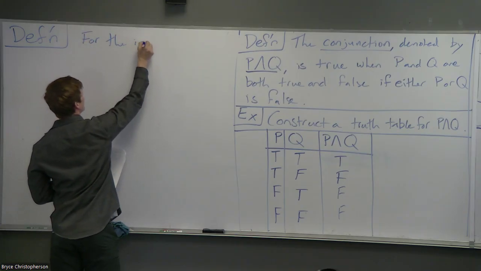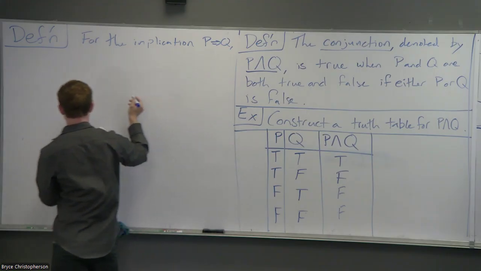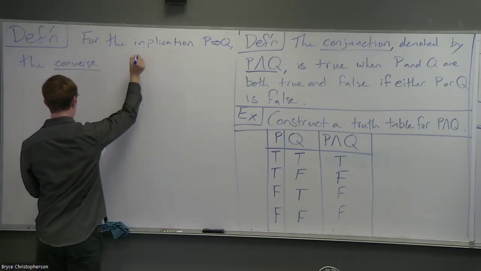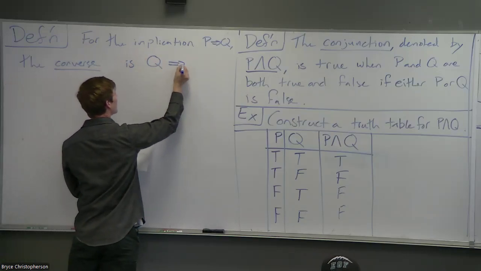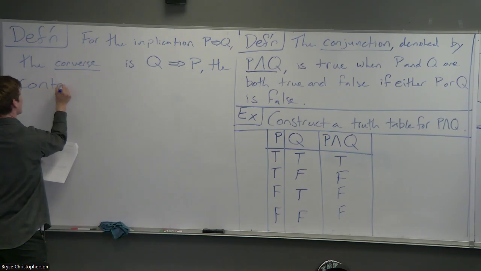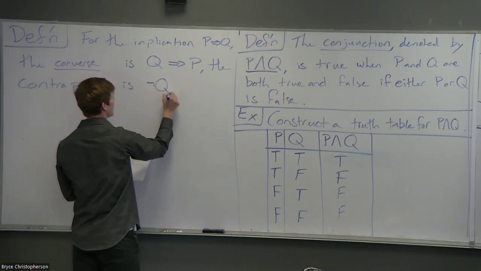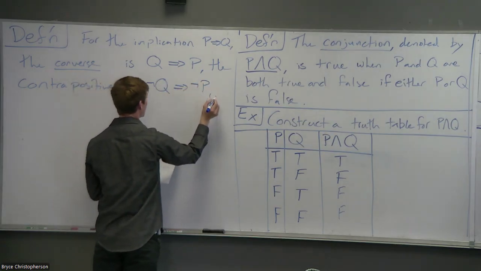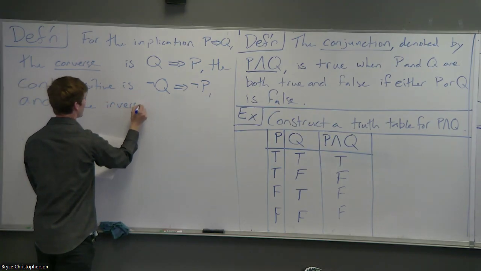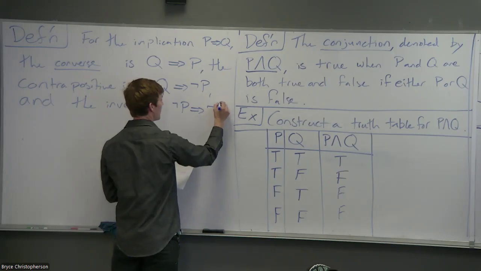For the implication P implies Q, the converse is Q implies P, the contrapositive is not Q implies not P, and the inverse is not P implies not Q.